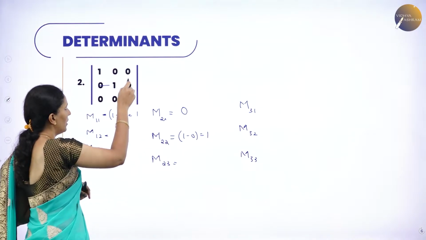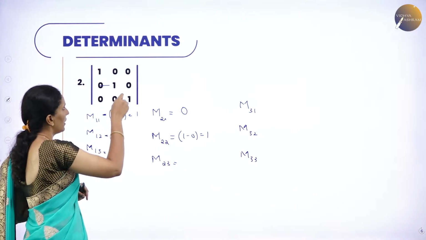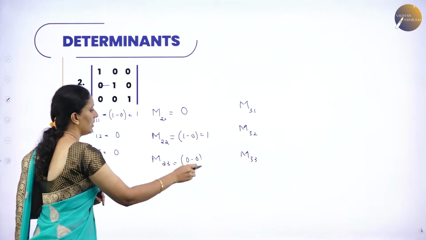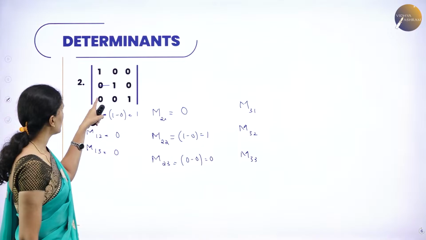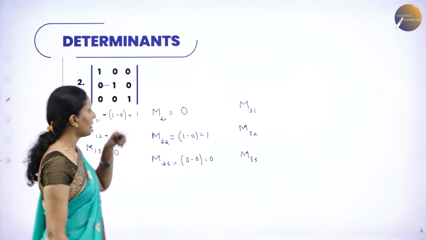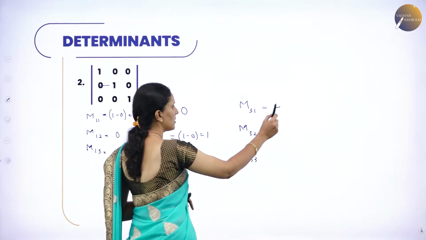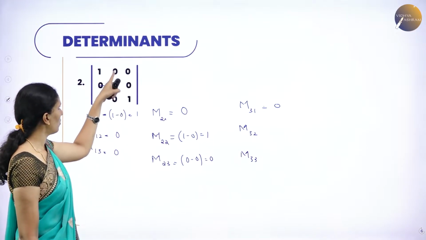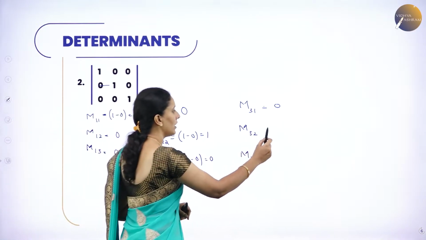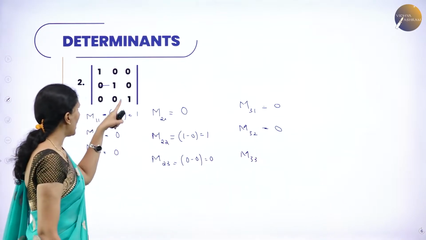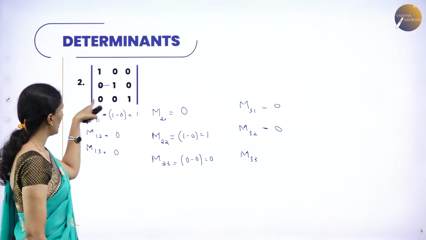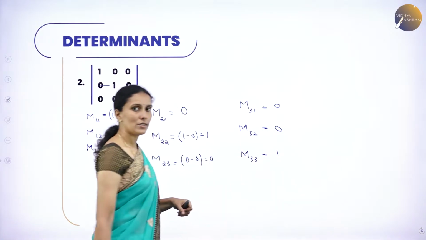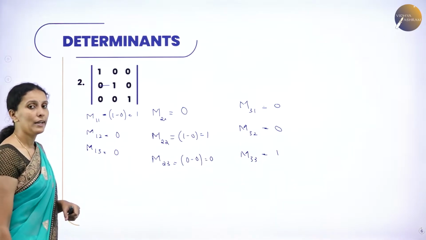Next for 0, delete the column and row. We have 1 zeros are 0, 0 minus 0 is again 0. Next for M31, the value of the determinant is 0. Next for this 0, delete the row and the column, the value is again 0. Next for the last one, delete the column and the row, 1 ones are 1 minus 0, which is 1. So these are the minors of the particular elements.